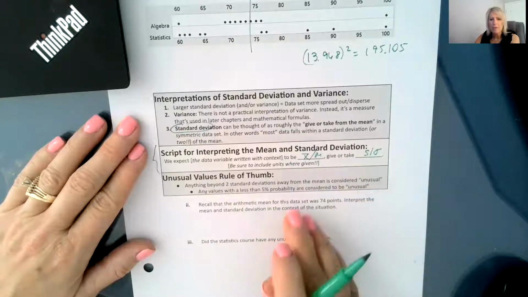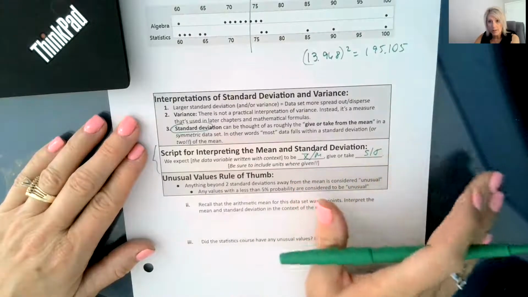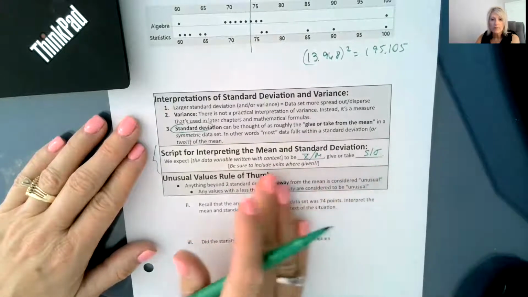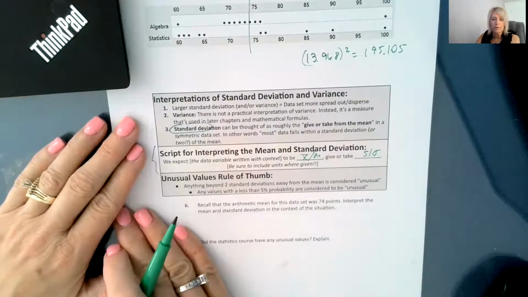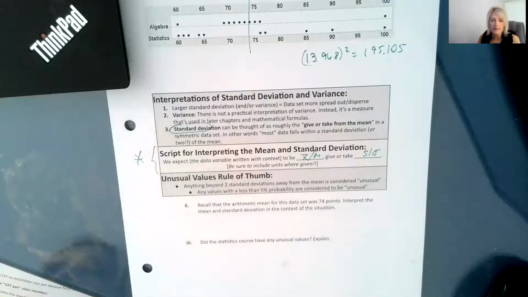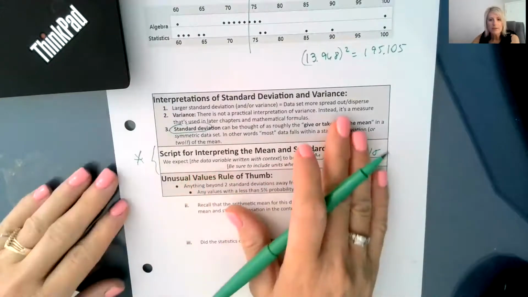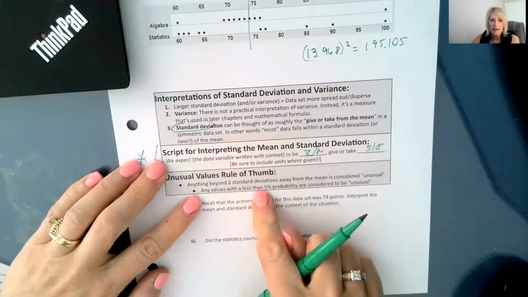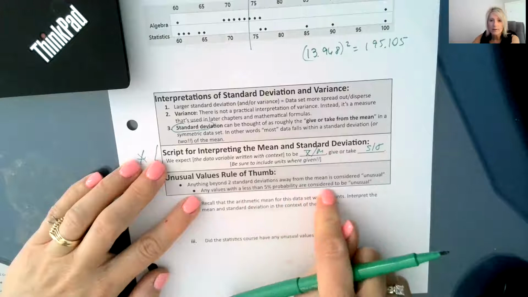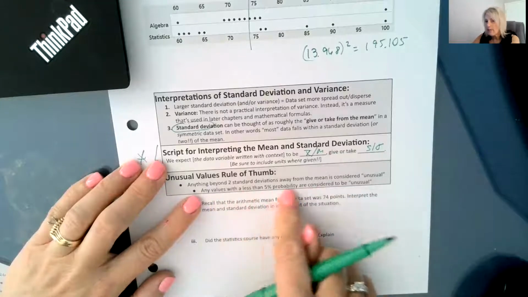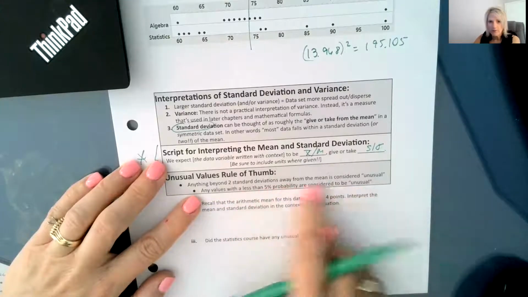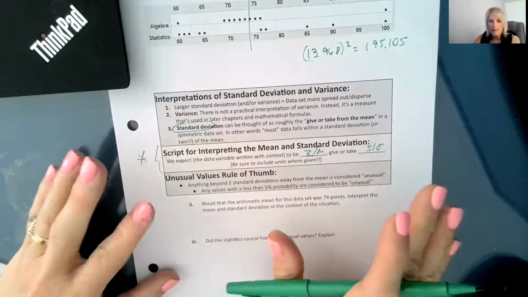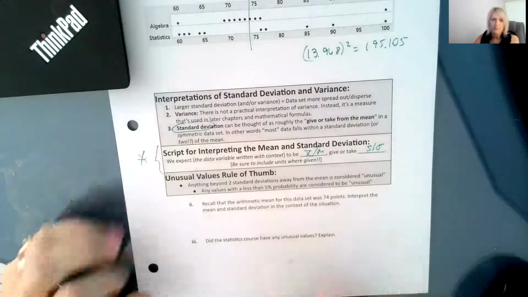That means they could be 2 standard deviations above the mean, scoring higher than the average person in the class, or 2 standard deviations below the mean, scoring below the average person in the class. They would be considered unusual, okay? Now, any values with less than 5% probability are also considered unusual. We are not even going to worry about that until chapter 5. So don't worry about that statement, but we're giving you both ways to think of unusualness now.